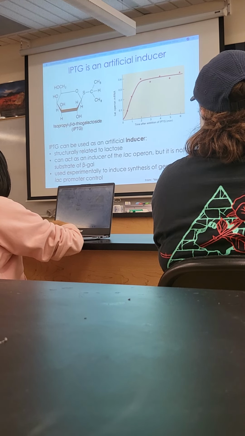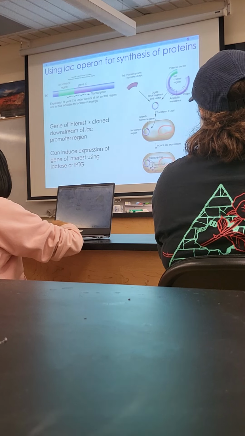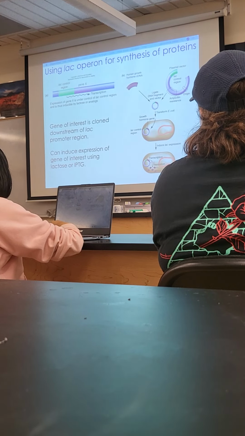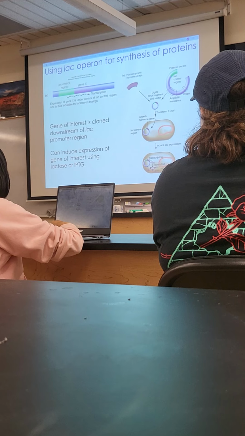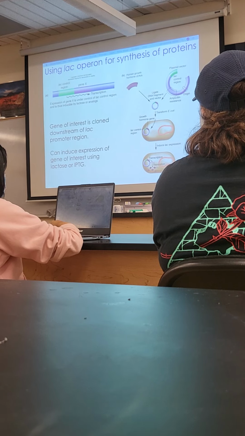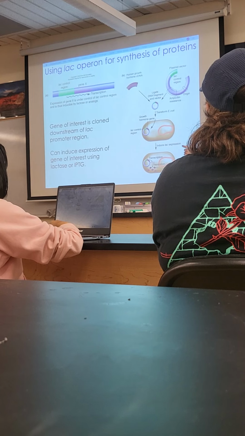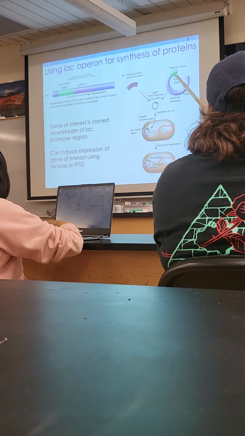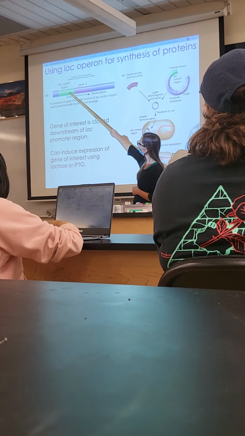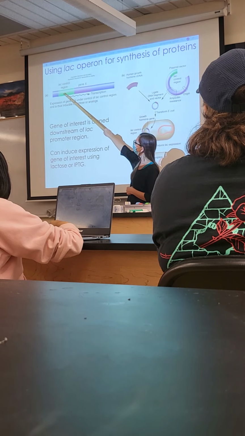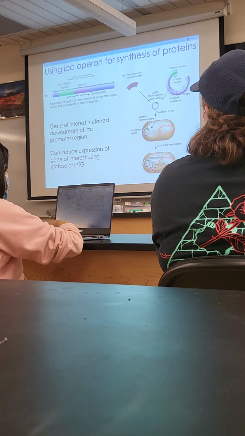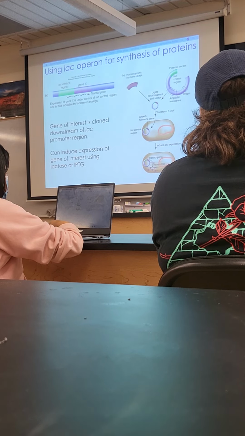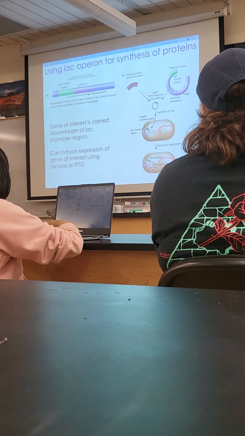Okay, so how do we use the lac operon if we are using bacteria, but we're not trying to get them to express lac Z, lac Y, lac A? The way that people have done this is they take just the lac regulatory sequences. So if you think about it, we have the operator, we have the promoter, right? We can just take that part and we can move that to control something else.